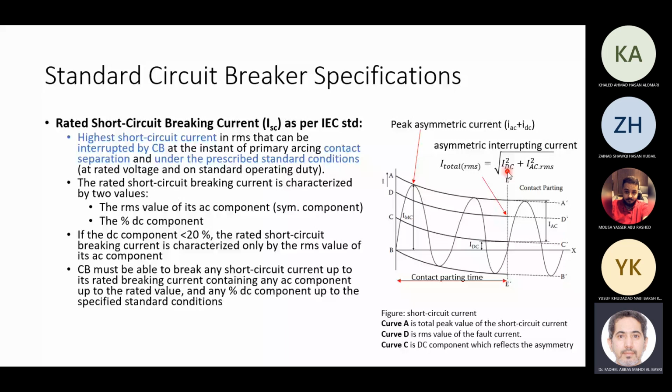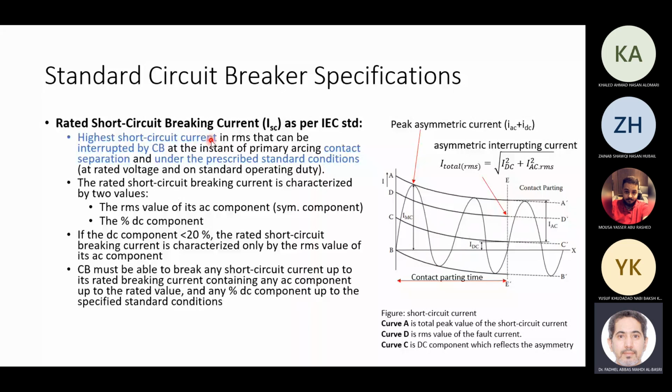So here, a circuit breaker's rated short circuit breaking current rating is the highest short circuit current. So always you will compare this value with the maximum steady state short circuit current.